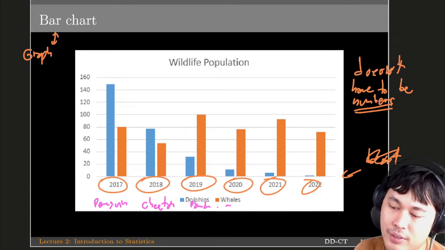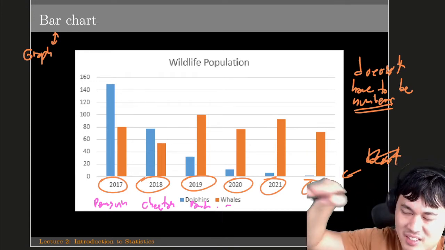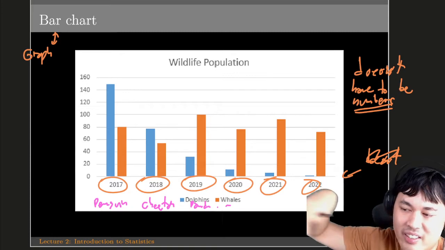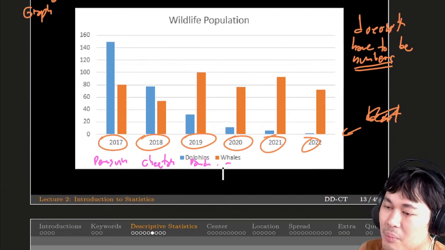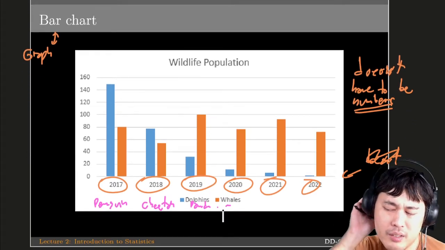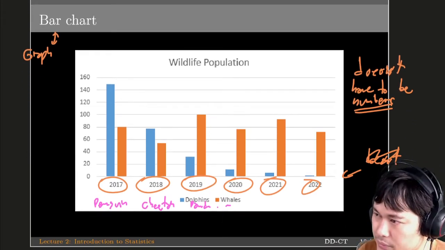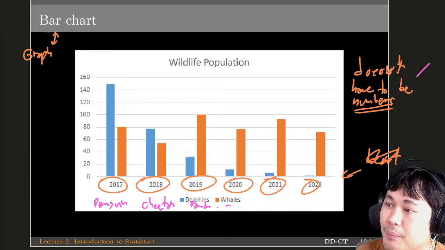They don't have to be numbers, so they don't need to be arranged in ascending order with a trend. Sometimes all you need is to compare the differences together. So that's one feature of the bar chart.